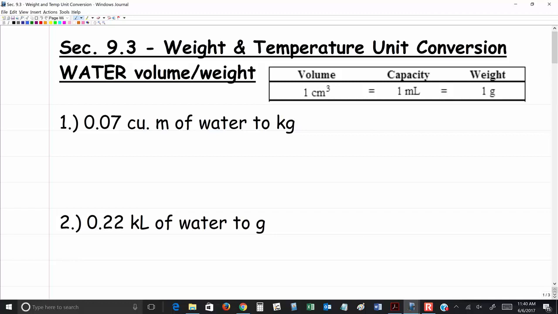Like on the conversion sheet, it says, 1 milliliter is equal to 1 cubic centimeter. So that part of it is true forever. It doesn't matter what the substance is. 1 cubic centimeter is equal to 1 milliliter all the time. But when it's specifically referring to water, that 1 milliliter or that 1 cubic centimeter weighs exactly 1 gram as well.